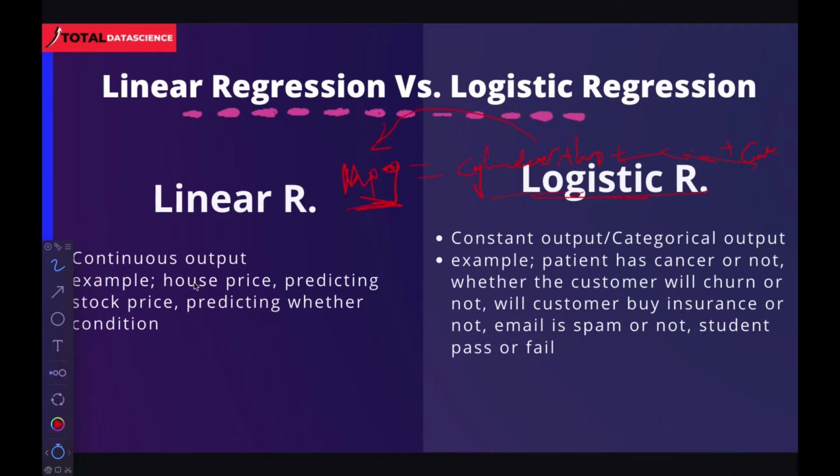If you have a problem where you need to predict a continuous output, what do I mean by a continuous output? Maybe you want to predict the housing price in a particular city, say Mumbai or Delhi. Then you can use linear regression.